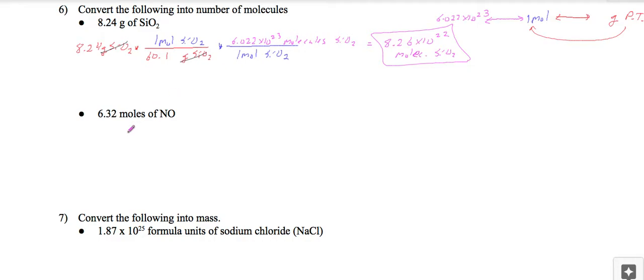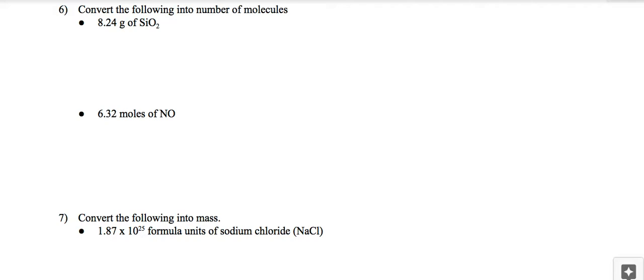All right, so we have another problem here. Oh, that's too bad. Where instead we're just starting with moles.